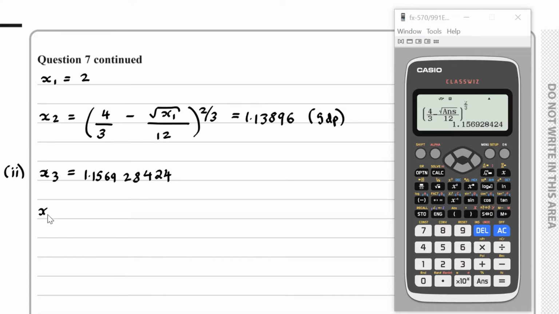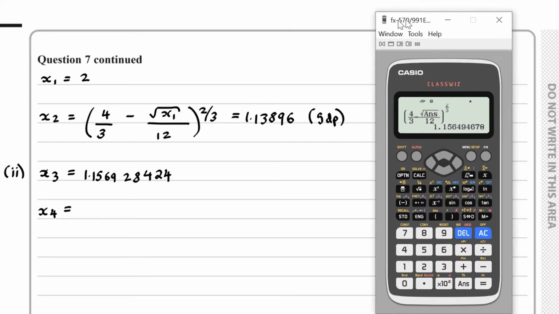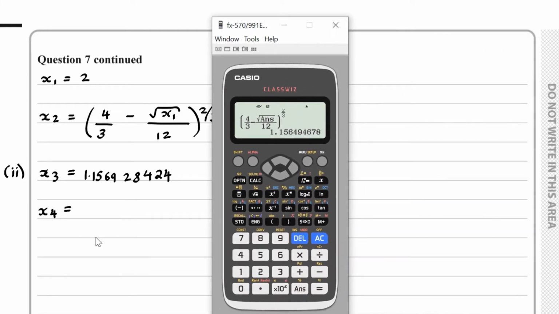We can find out what x4 is, so working out x4, we have 1.156494678.